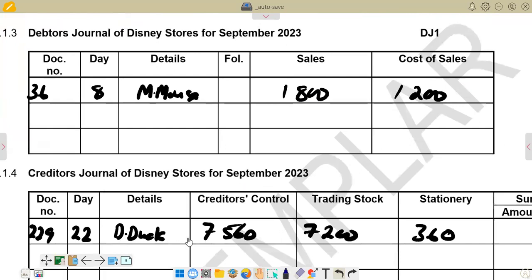Our document number, remember, we're given it as 21. And then our date, we put 25. And details are this mouse. And pay 800.